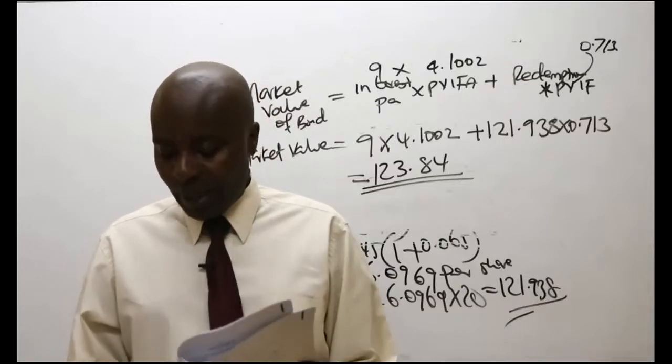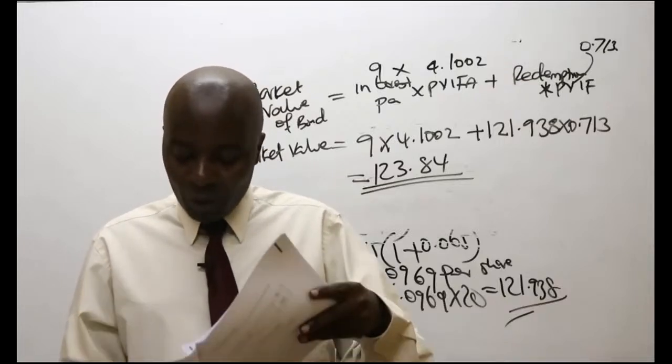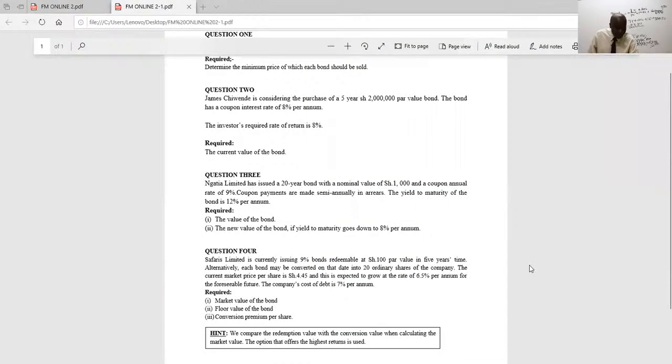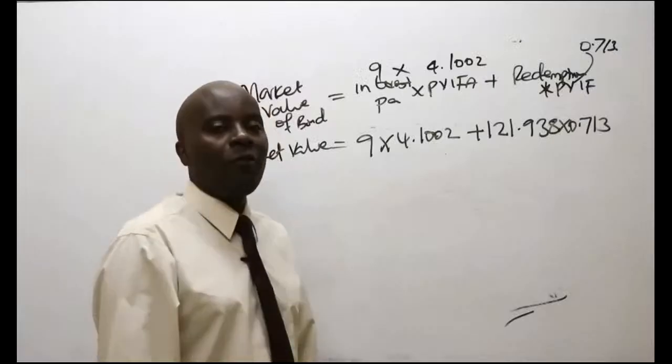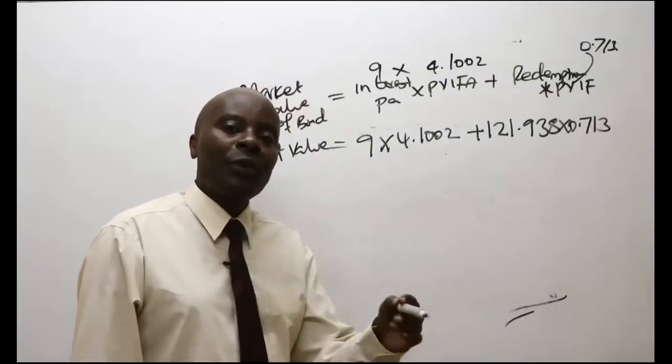Now look at part 2 of this question. Part 2 of this question, ladies and gentlemen, Roman 4, they want us to give them the floor value of the bond. Remember, floor value of a bond will be the smallest value of this bond that you can obtain.